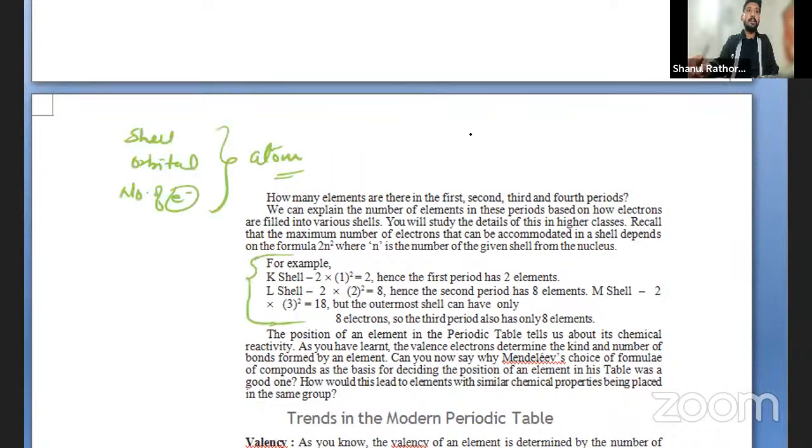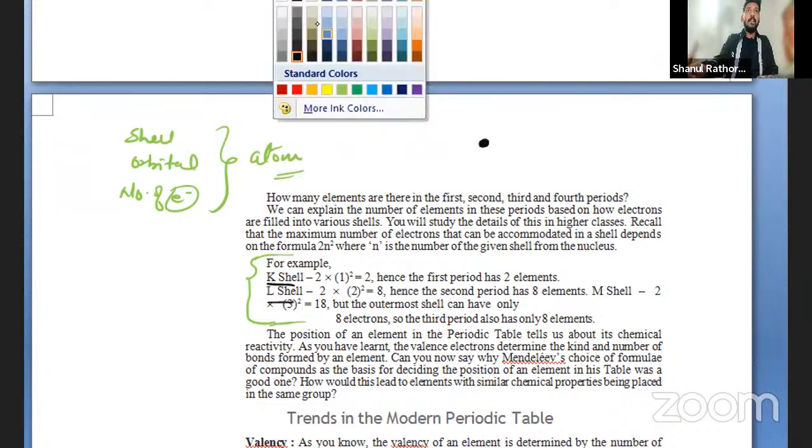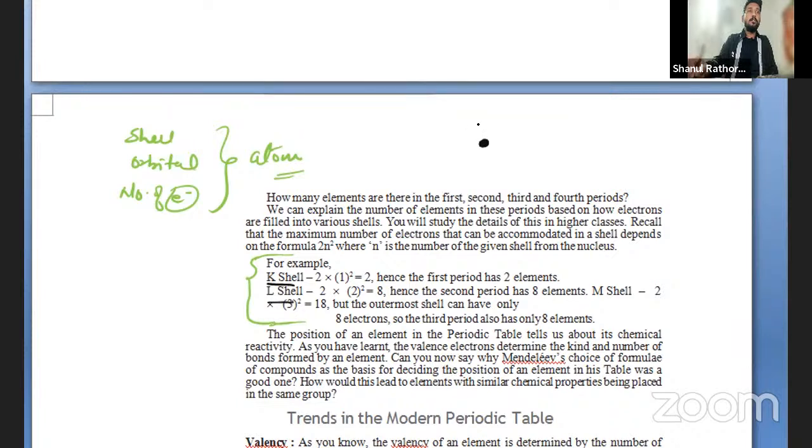Just draw your attention here. As you can see, they indicate the K shell, the L shell. So what are they? They are the energy levels in which the electron can be found in the electron cloud. Okay, so I draw the nucleus in between, and let me draw the shells.